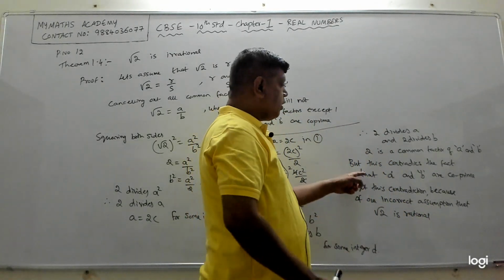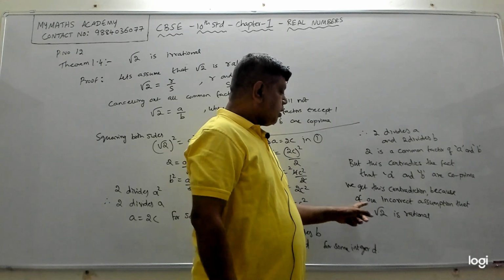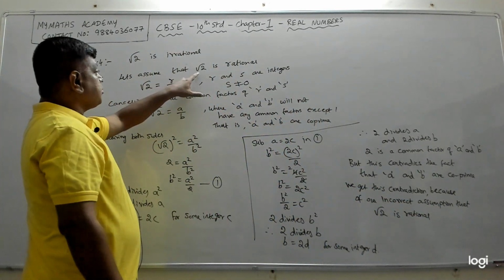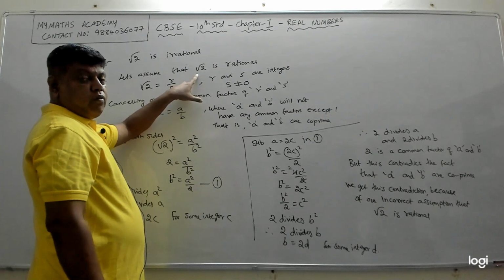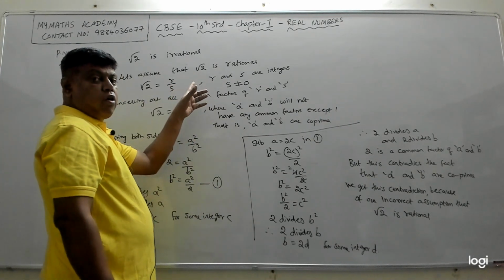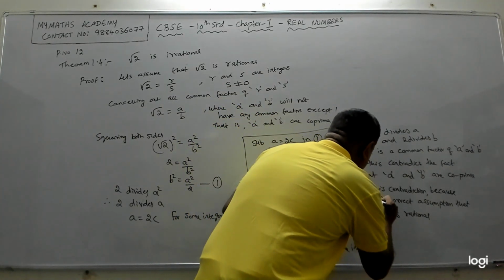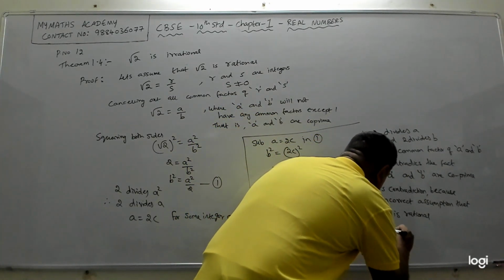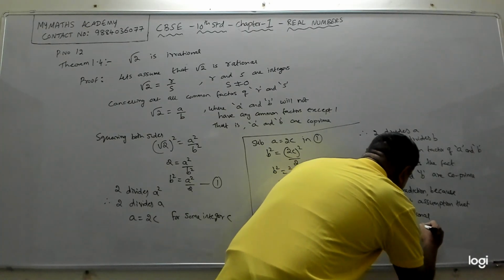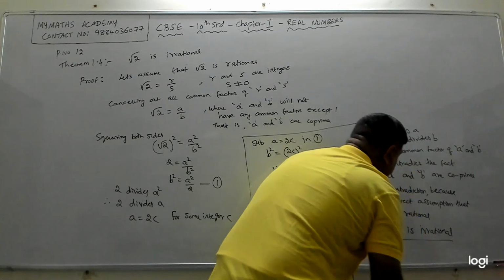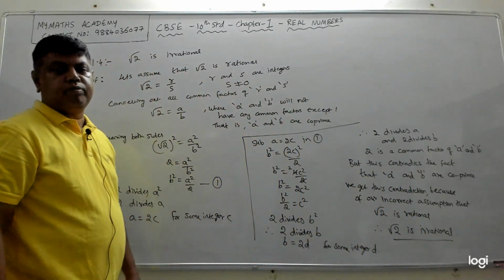Right? Why? Because of our incorrect assumption that root 2 is rational. So our assumption is wrong. What we have proved finally, our assumption is wrong. Therefore, root 2 is irrational. That is the proof. Clear?